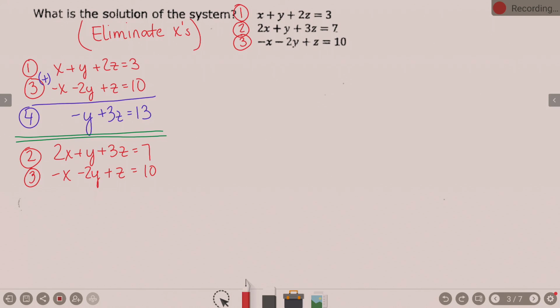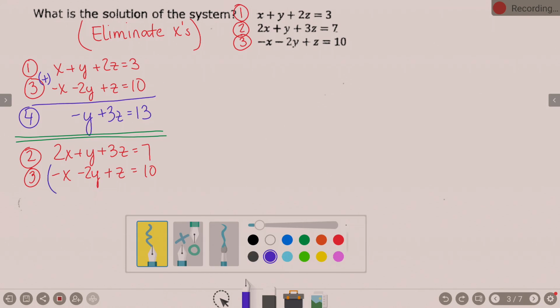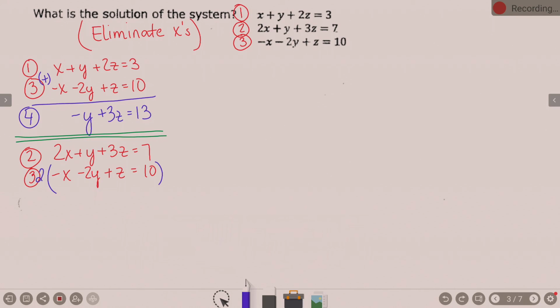I have to eliminate x's. How do I eliminate x's here? Multiply by 2. We have to use multiplication, right? We're going to multiply by 2 there.